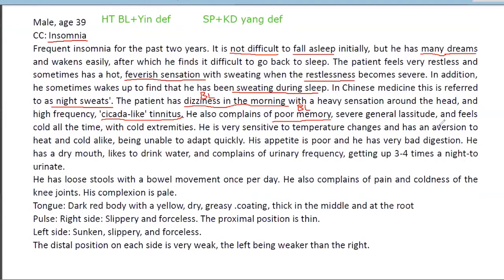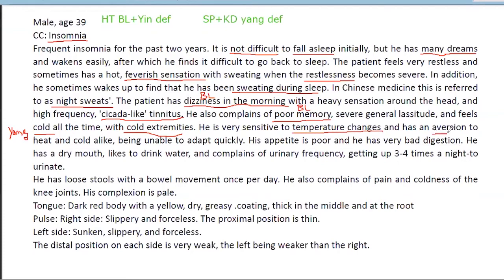Less qi can be yin deficiency, can be blood deficiency. Feeling cold is yang deficiency. Feeling cold in the extremities, that's yang deficiency. Sensitive to temperature change is usually a qi deficiency type symptom, qi couldn't adapt properly.